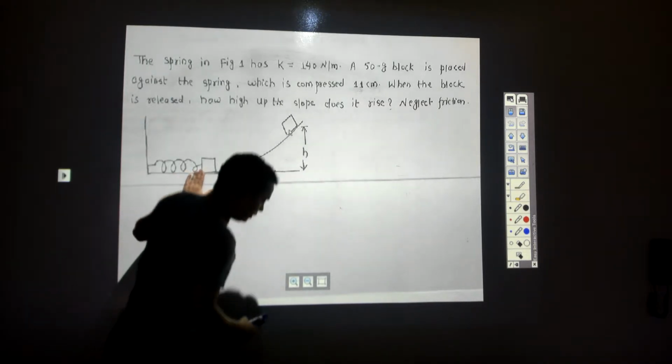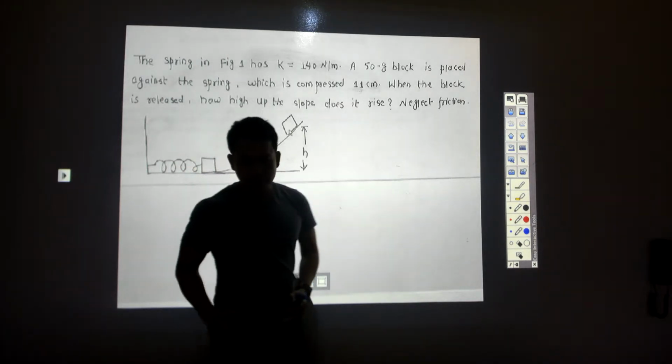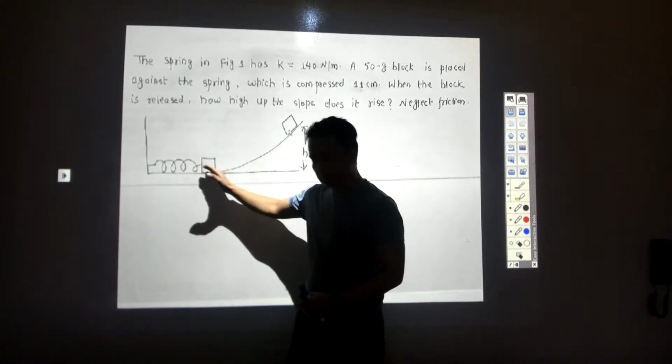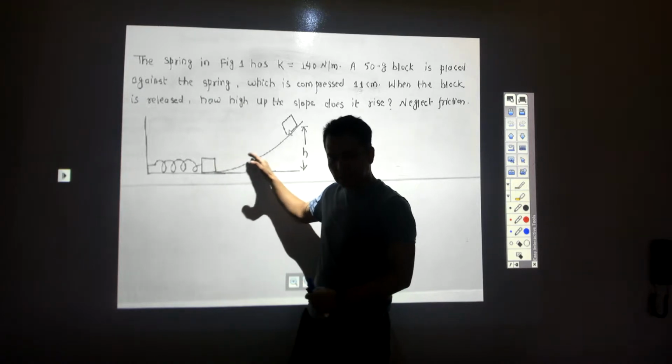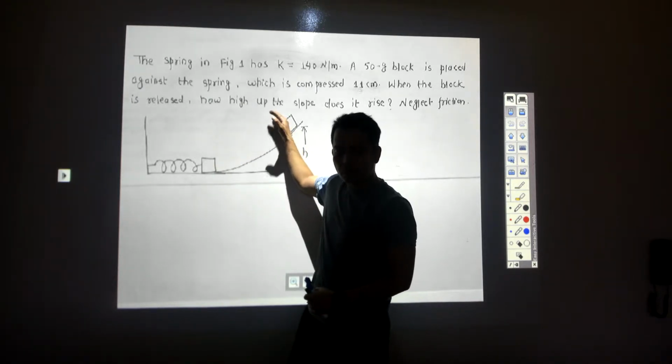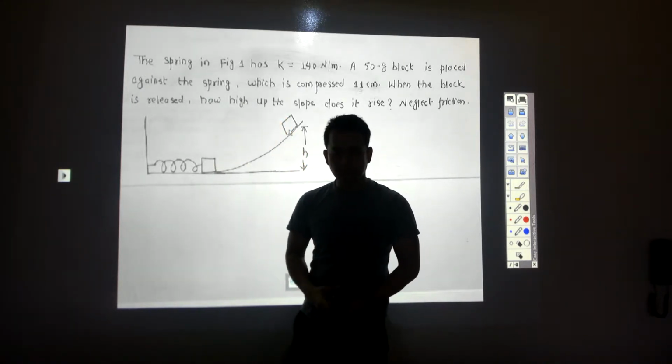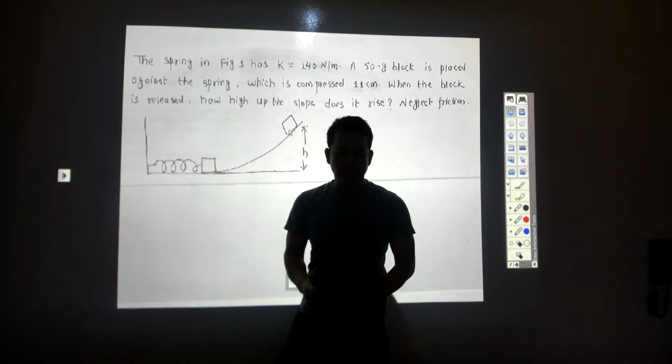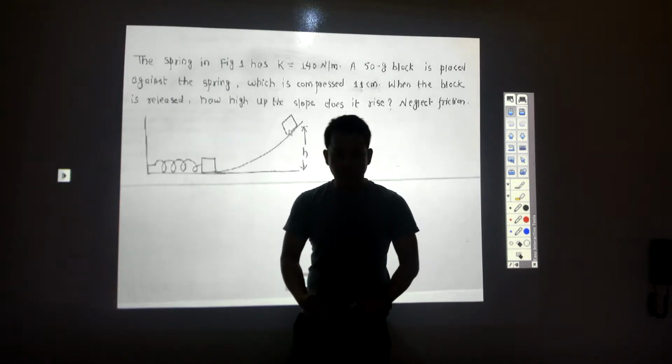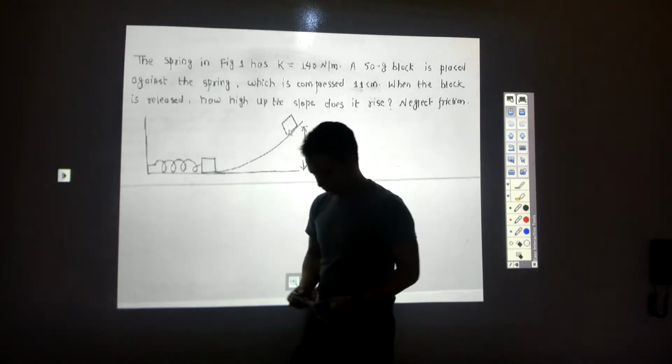Once you release it, this elastic potential energy changes into kinetic energy and then is stored again in the form of gravitational potential energy. So the conversion is happening from elastic potential energy to kinetic energy and then to gravitational potential energy.